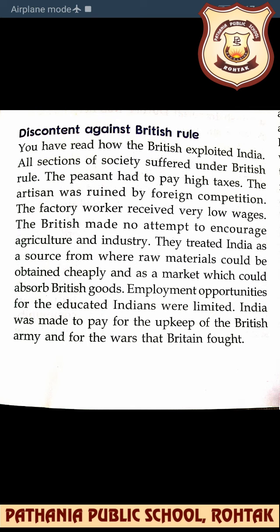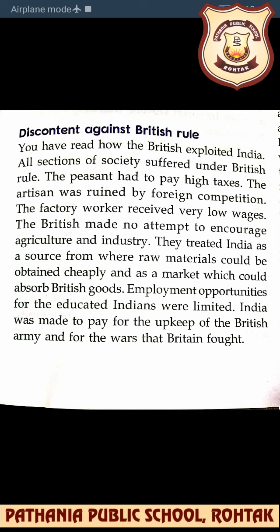We can take the example of the peasant, the artisan, handloom or any other textile industries. All these people were ruined. Even the peasants were forced to grow cash crops, right? That is why every category of Indian people was dissatisfied with British rule.